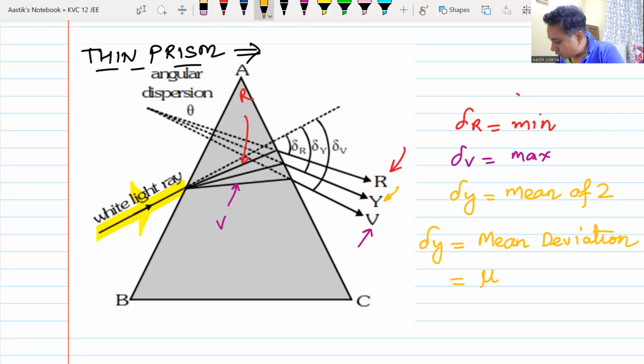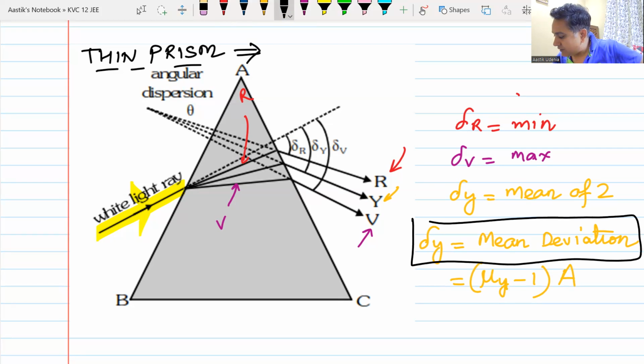Not of the prism, mu for the yellow light, because for different lights, mu is going to be different. This is the first thing that we have to understand. That is your mean deviation, and this mean deviation is mu y minus 1 times A.